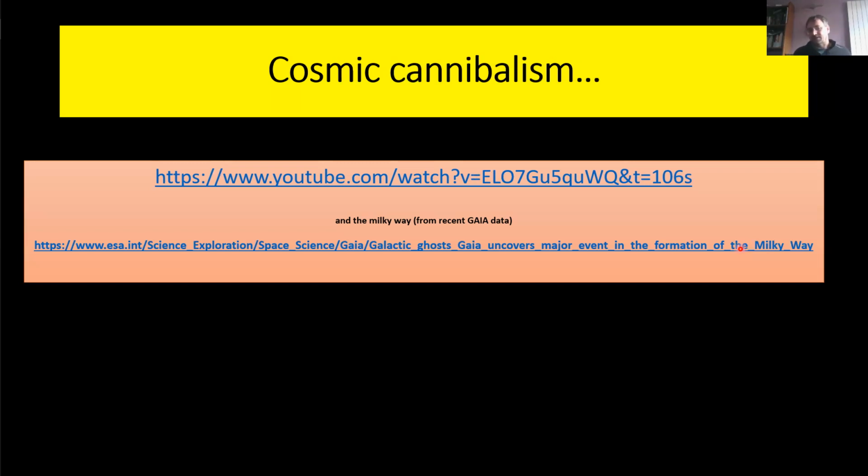So the bulge might be just a sign that the bigger galaxy had a good meal. And the same is true for the bars: the feasting, the eating is responsible for this bar structure. So nicely shown here. This Gaia is fantastic. This satellite was worth every penny.